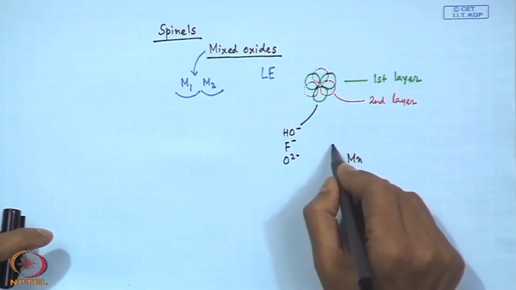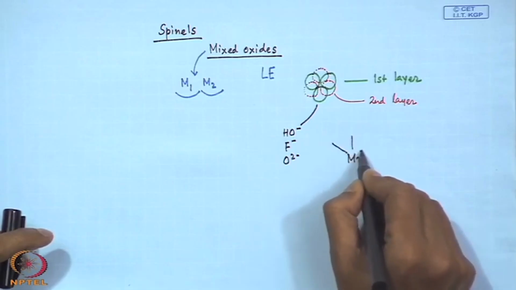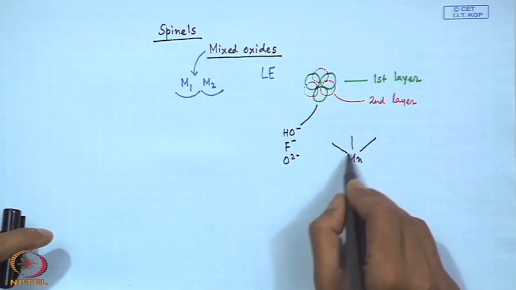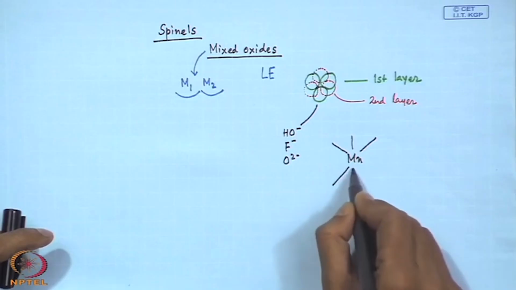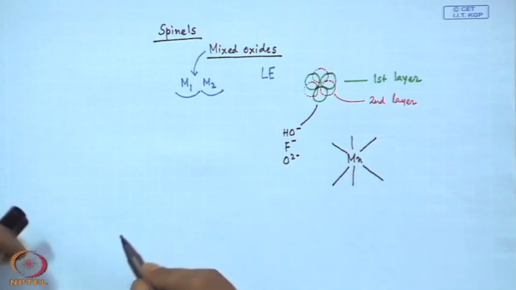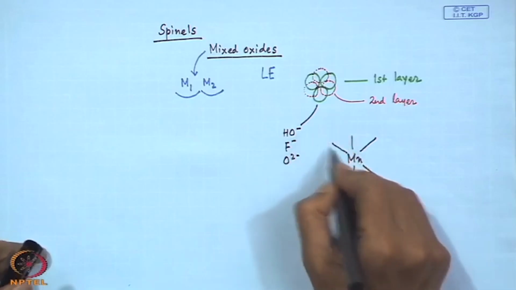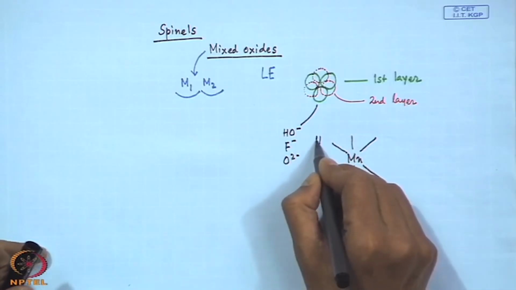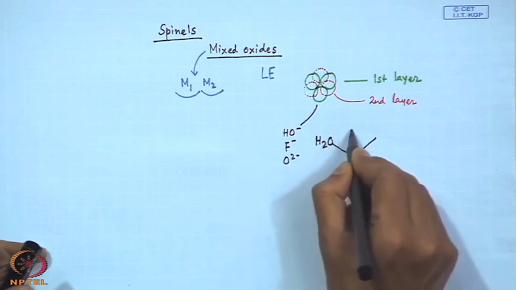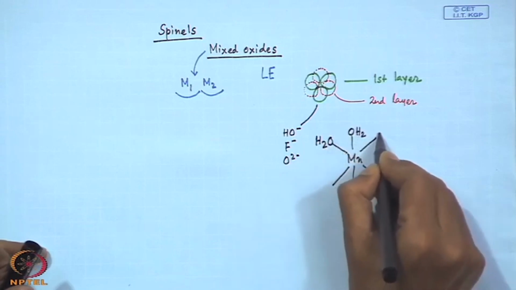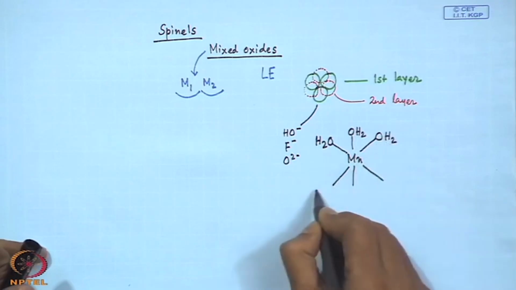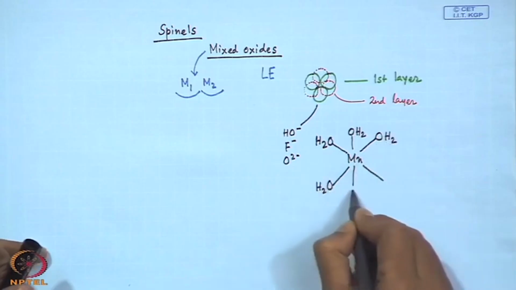So, we have one layer of ligands, then we have manganese, then another layer of ligands. That means manganese is bound to several of these water molecules. These are all water molecules.